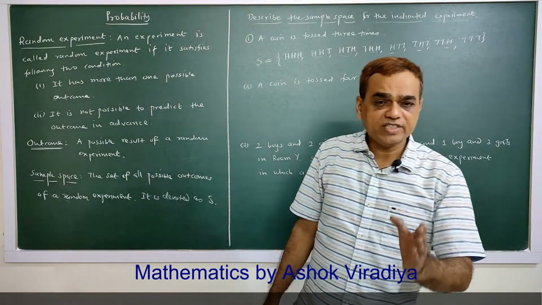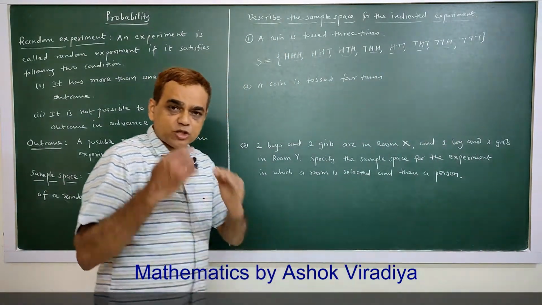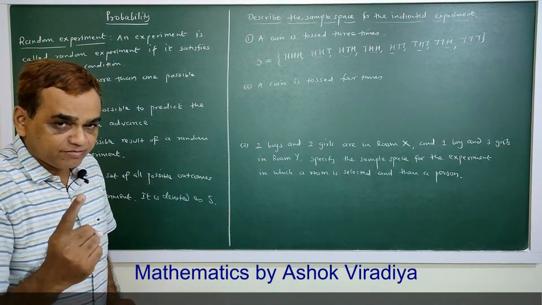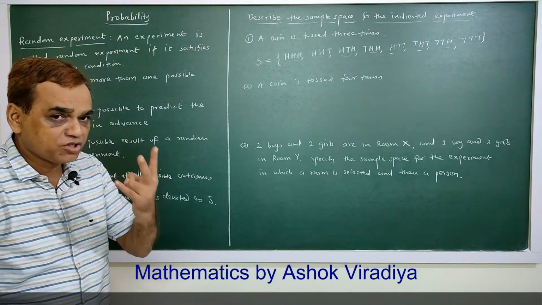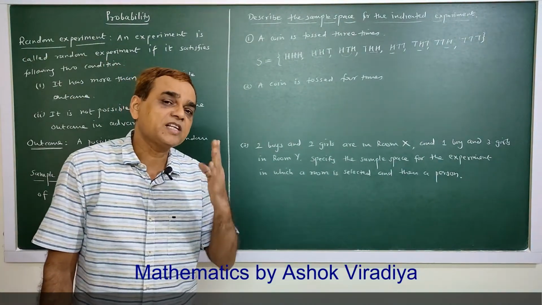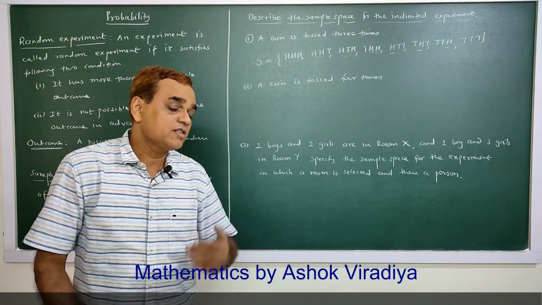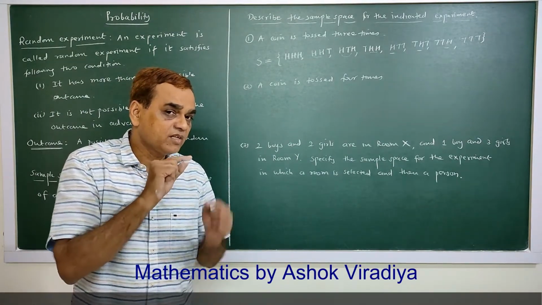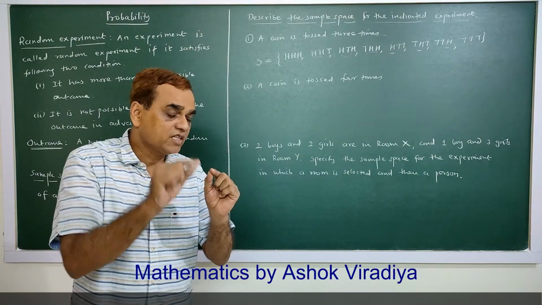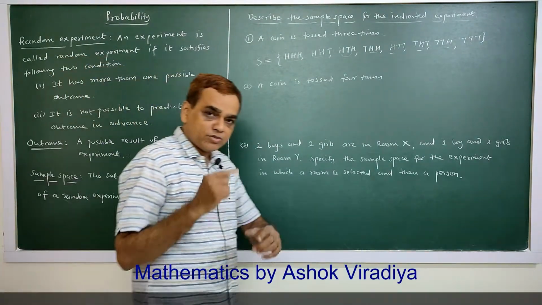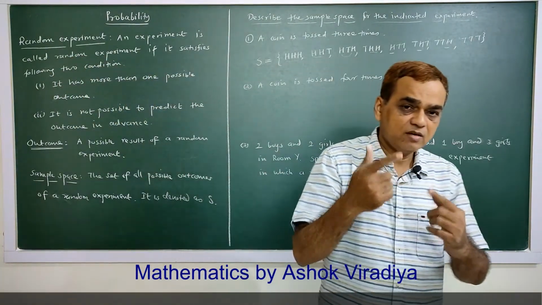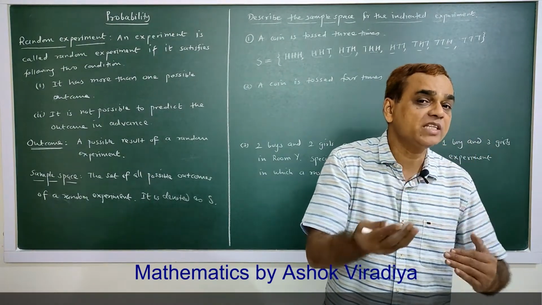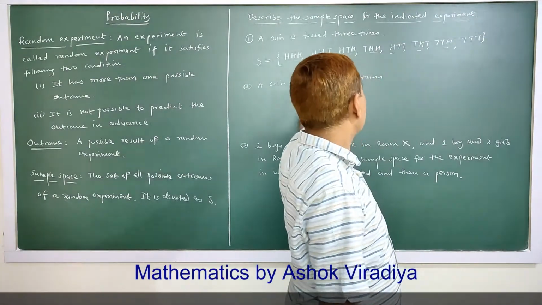If you toss a coin 3 times, the number of possible outcomes is 2 raised to 3. If you toss only 1 time, there are only 2 possible outcomes, H and T, so 2 raised to 1. If you toss 2 times, outcomes 2 squared, 4 outcomes. If you toss 3 times, 2 cubed, that is 8 outcomes.